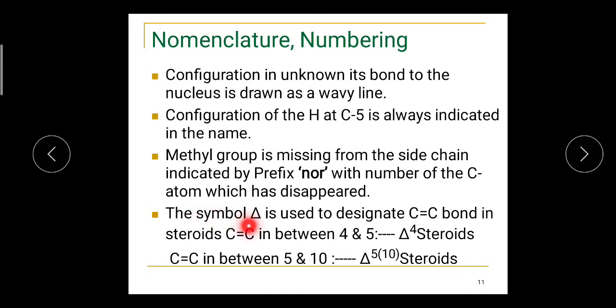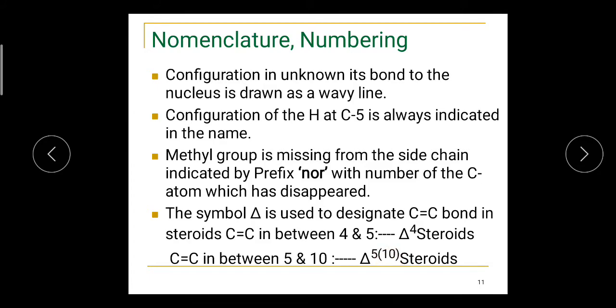The symbol delta, the triangle, is used to designate the carbon-carbon double bond in steroids. For example, if the double bond is present between carbon number 4 and 5, we denote it as delta 4. If it is present between 5 and 10, it is denoted by delta 5 and in bracket 10.